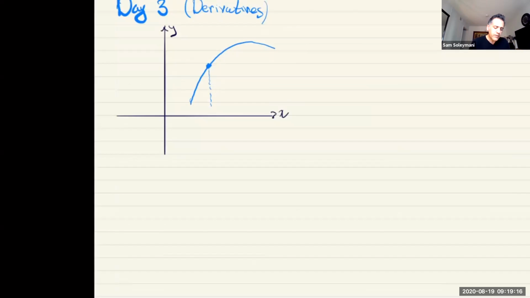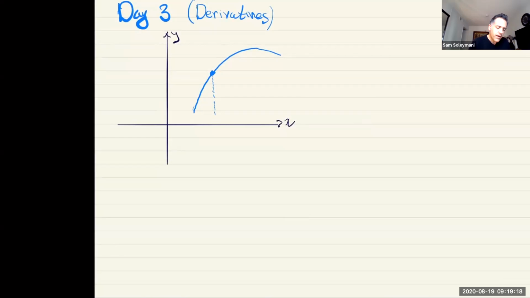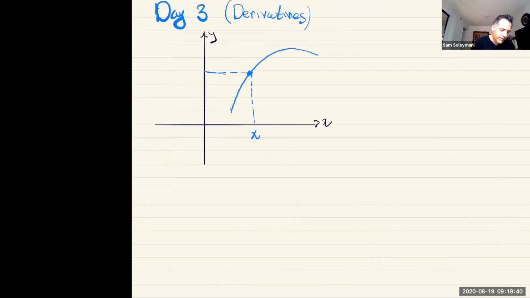All right, so let's look at this function, and let's take 2 points. I'm going to take this point, whose x coordinate is just x, and the y coordinate is just f of x.